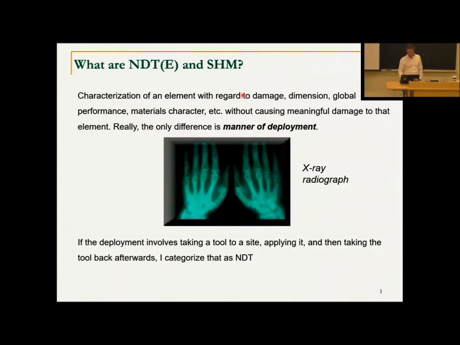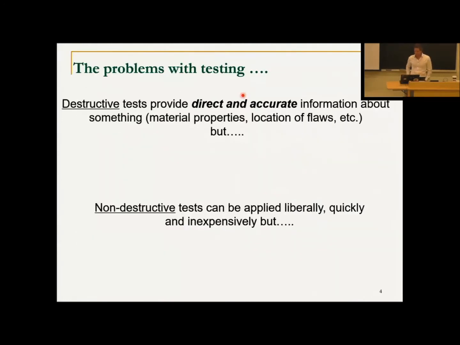Now, regardless of which one we're talking about, we have a challenge, right? So the challenge is that the best way to get evidence of characteristics, damage state, function, operation, is direct measurements, and sometimes these are destructive.